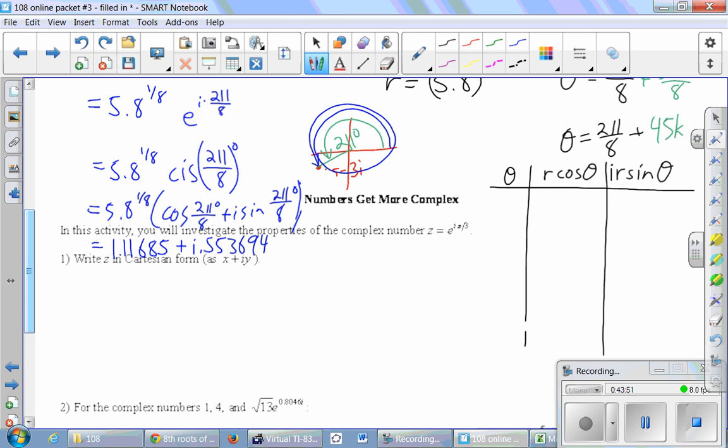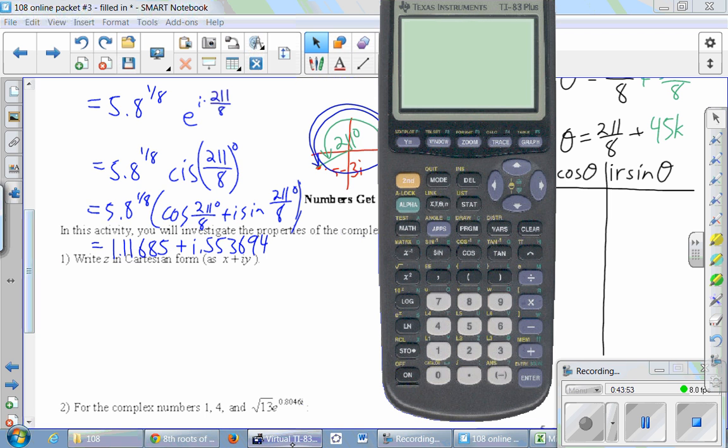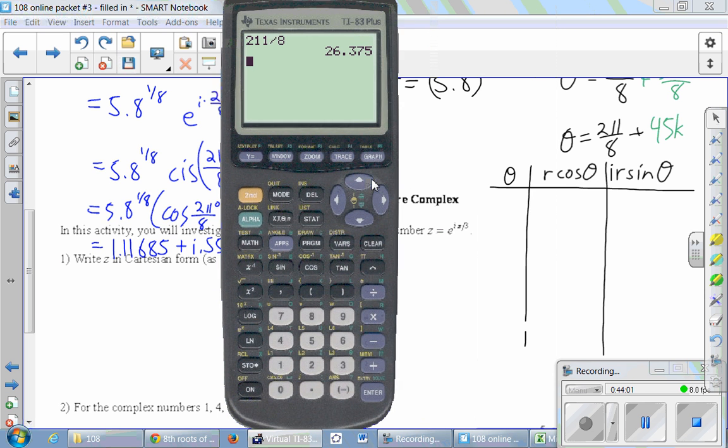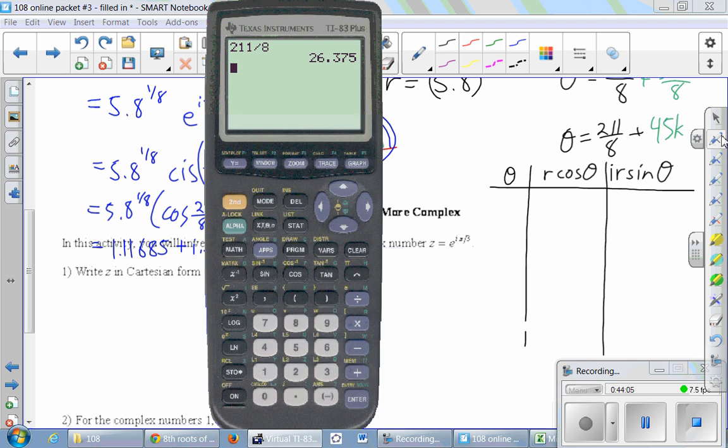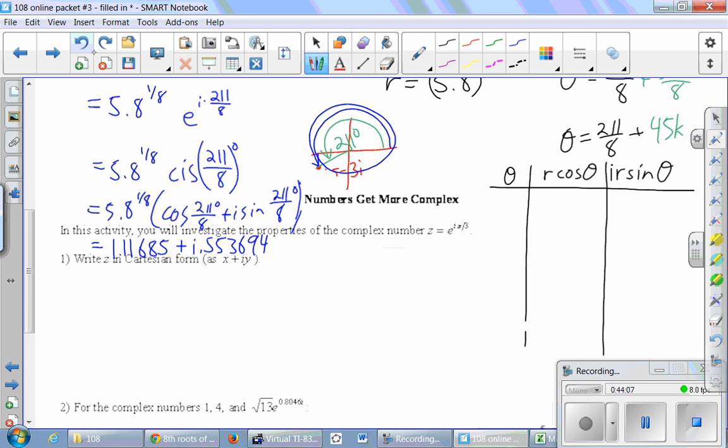So 211 over 8, I'm just going to type that onto the calculator. So 26.375. Okay, that's fine. Or just as well, we could have let, maybe one more column over here, sorry about this.